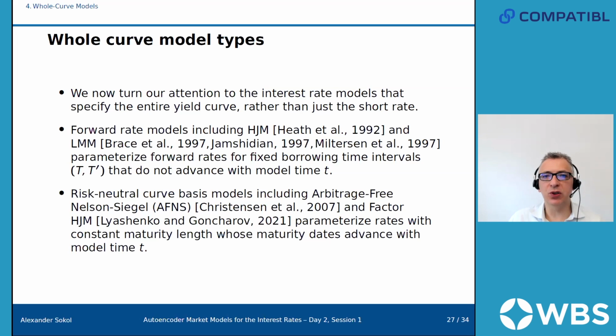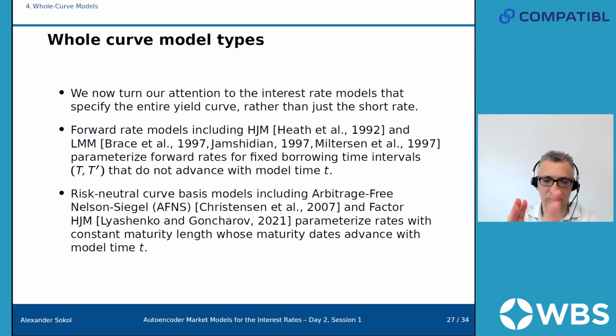Right, so the difference between these two model types is that if you have forward rates for a fixed borrowing time period, and then your model time advances, in the first model category, like HJM and LMM, the state variable stays the same. Eventually, the model time reaches it, and then the state variable is retired, and the next one becomes the first.